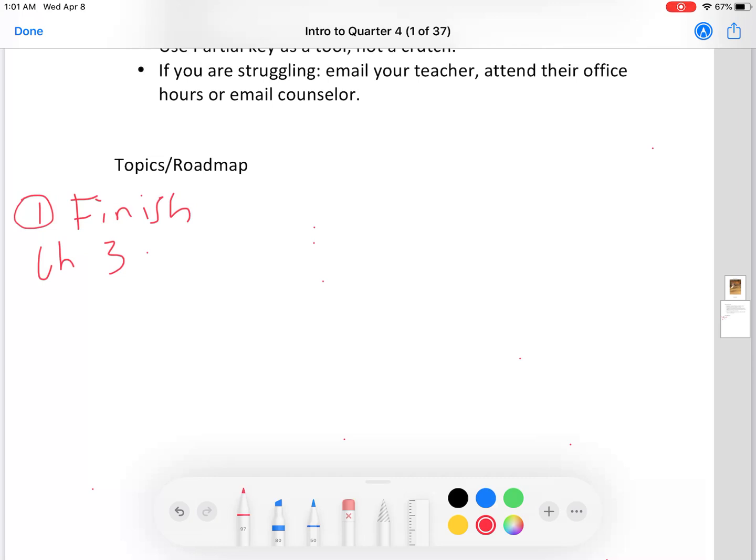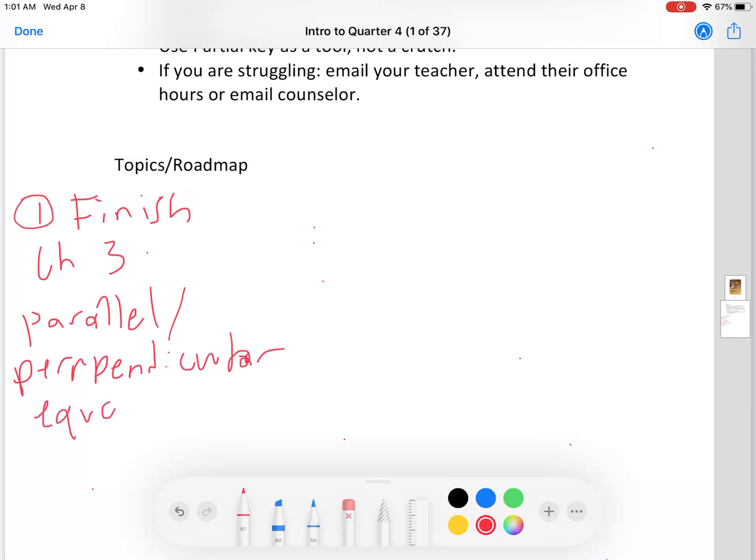So we're going to be doing things like parallel equations and perpendicular equations, seeing old friends like y equals mx plus b, or y minus y1 equals m times x minus x1.